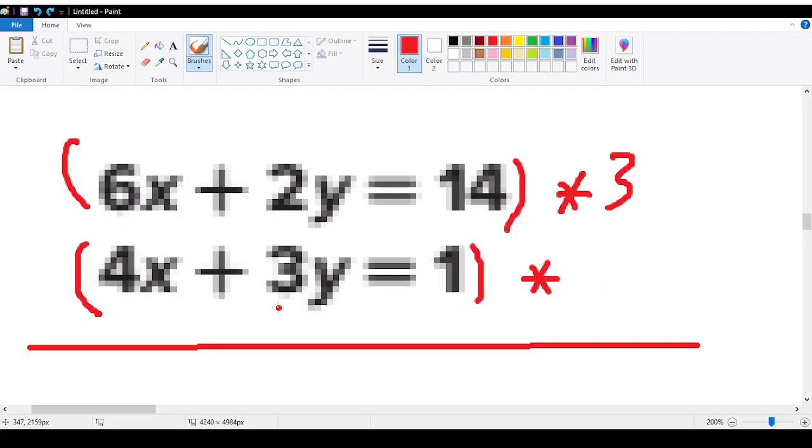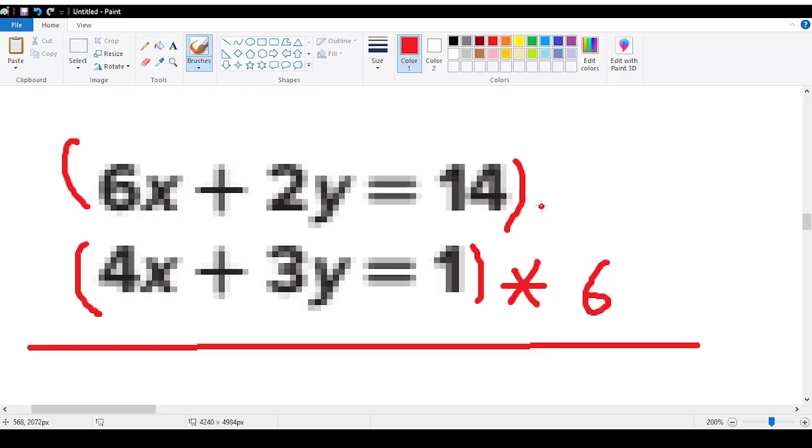Understood? Okay. So this is 2 here. I multiplied this one with what? With 2. And if we have 3 here, I will multiply the first one with what? 3. Good. Now this is what I will do if I need to cancel the y's. Let's suppose I don't want to cancel the y's, I want to cancel the x's. What should I multiply this equation by? 6.